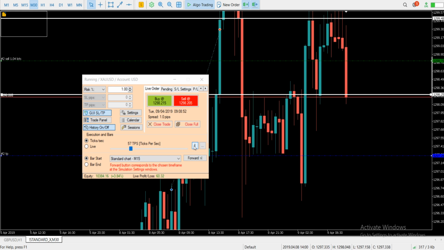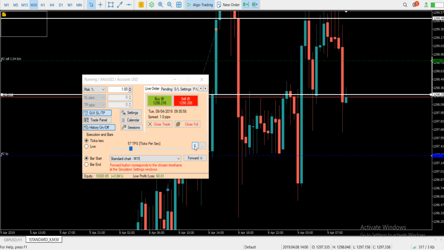Okay, we are moving down. Are we going to hit the take profit or no? That's the question. We have 6 minutes left in this candle to close, and are we going to hit the take profit? No. Okay, 1 minute left and the candle closed bearish.